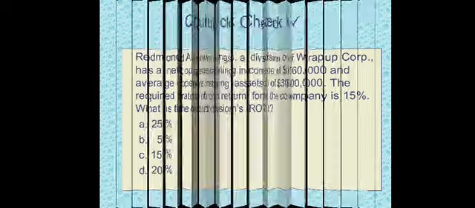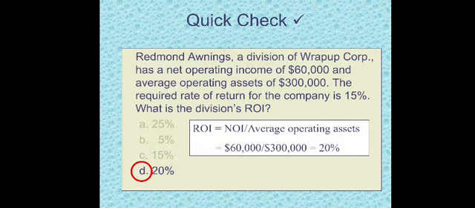You have seen how to calculate the ROI: net operating income divided by average operating assets. So 60,000 divided by 300,000. The ROI is 20%.